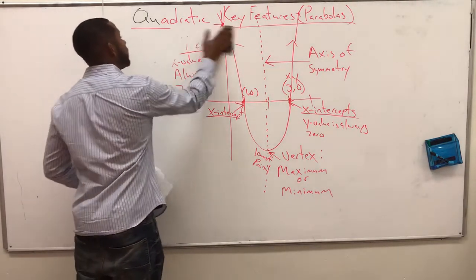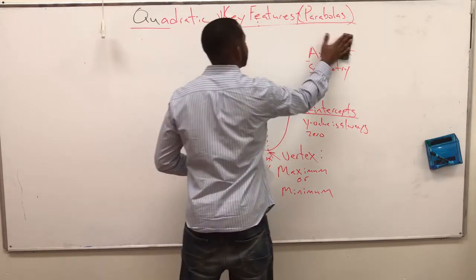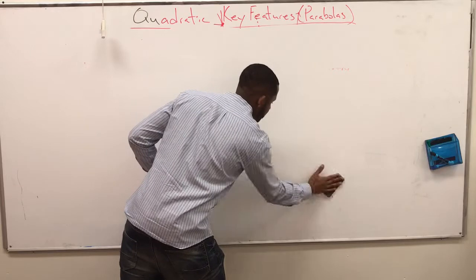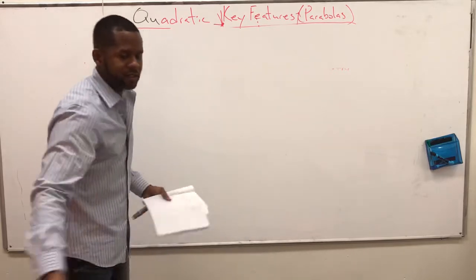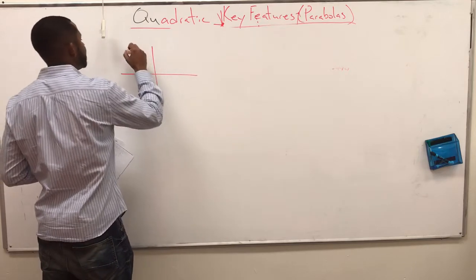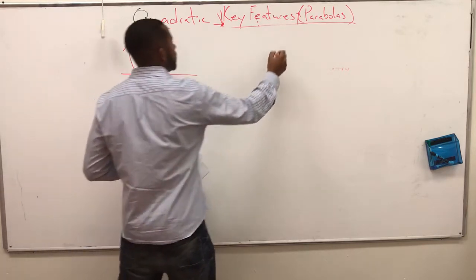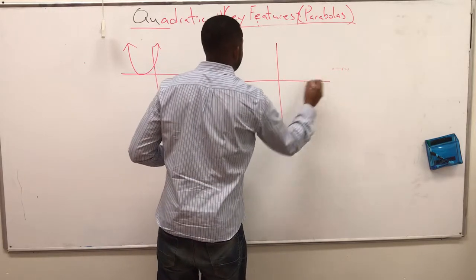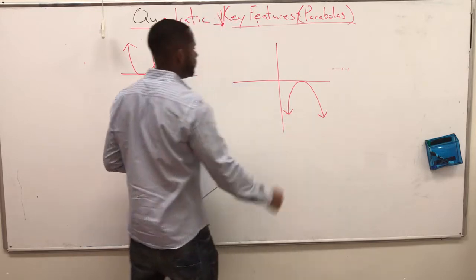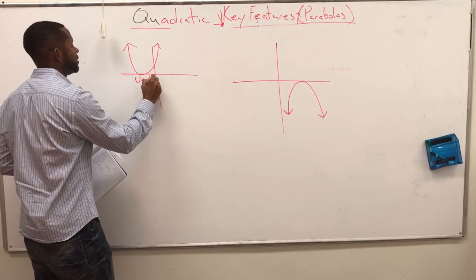You're going to draw one more thing, and then we're literally about to be done. The only other thing that you need to know is this. So let's just draw an x and y axis, and let's draw a parabola that looks like this. Let's draw another x and y axis, and let's have a parabola that looks like this. Okay? Here's your vertex.